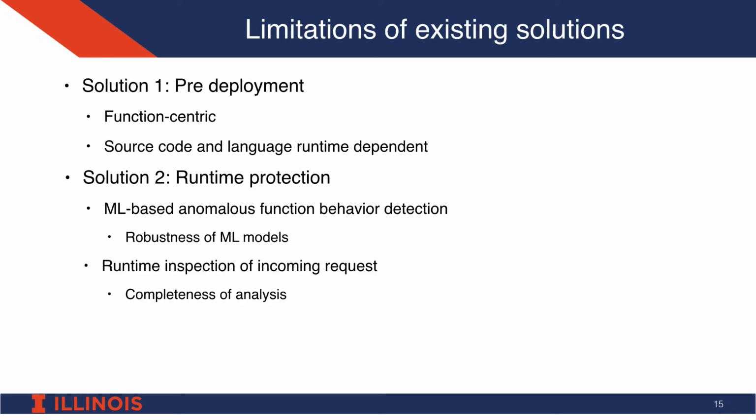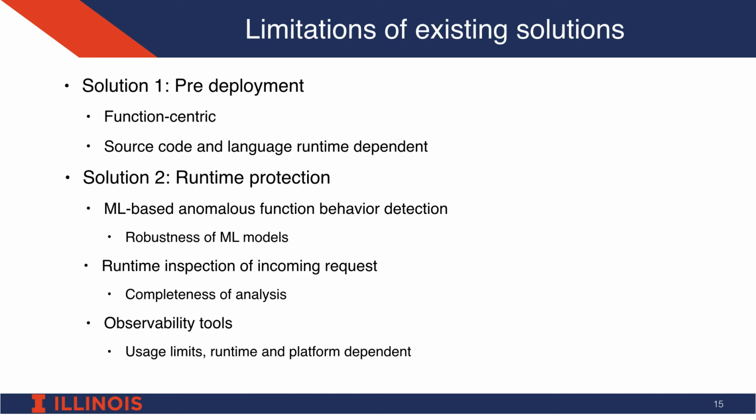Another approach attempts to prevent event data injection by inspecting incoming function invocation requests using existing pen test techniques. The completeness of code injection analysis determines the usefulness of such a solution. Another variation of runtime solutions focuses on providing better observability into serverless applications.